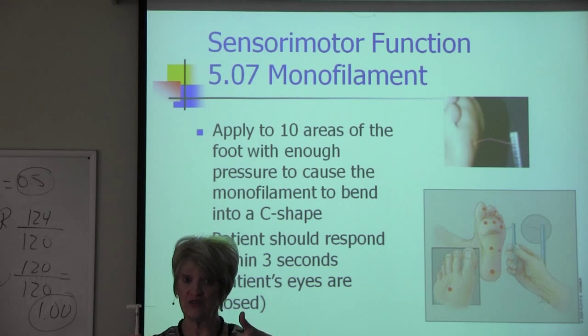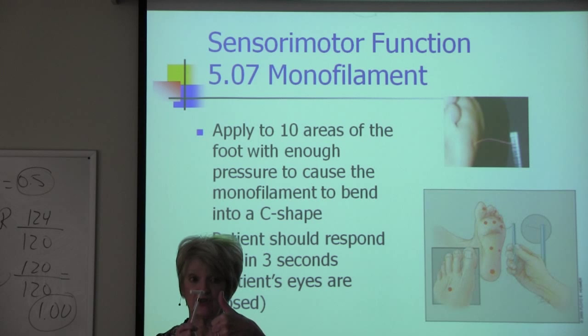I want you to notice two things you don't do. You do not do back and forth, back and forth. My eyes are closed. You put steady pressure, turn it into a C, remove it. Give me a second to respond. So you touch, press, remove.